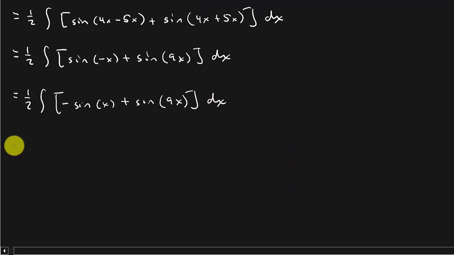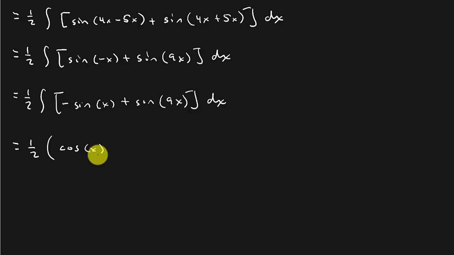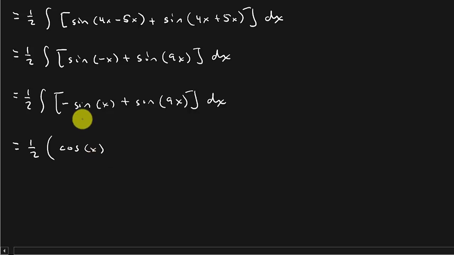And now we just integrate each one. So that's going to be 1/2 times, and then what's the antiderivative of negative sine? Well, that's cosine, because remember, the antiderivative of sine is negative cosine, and this negative here makes it a positive.